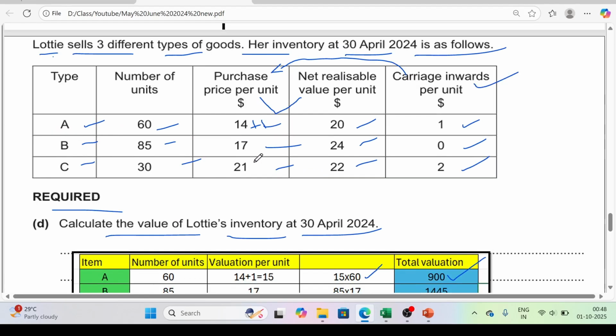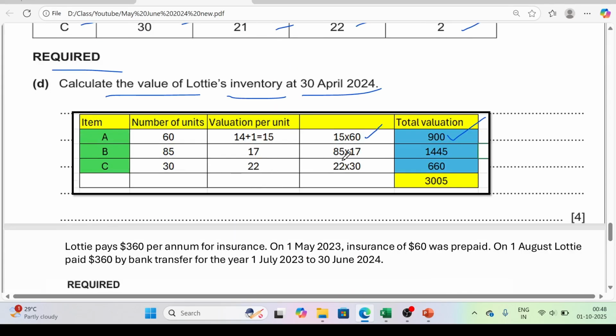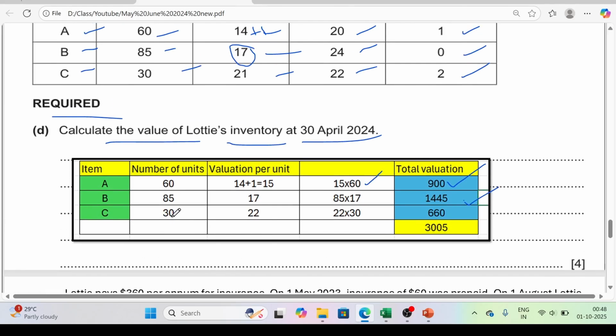The same way, second one. Number of units 85. Then 17 and 24, which is the lowest? 17. So 17 times 85, the answer is 1445. Then item C, 30 units. Which is the lowest one?